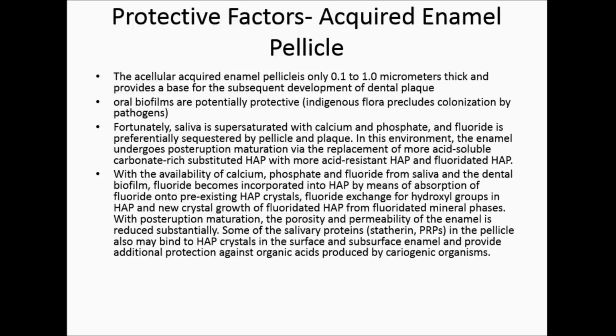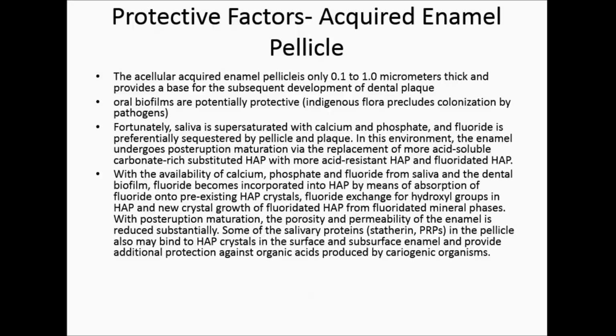With the availability of calcium, phosphate, and fluoride from saliva in the dental biofilm, fluoride becomes incorporated into hydroxyapatite by means of absorption of fluoride into pre-existing hydroxyapatite crystal. Fluoride exchanged for hydroxyl groups in hydroxyapatite and new crystal growth of fluoridated hydroxyapatite from fluoridated mineral phases.